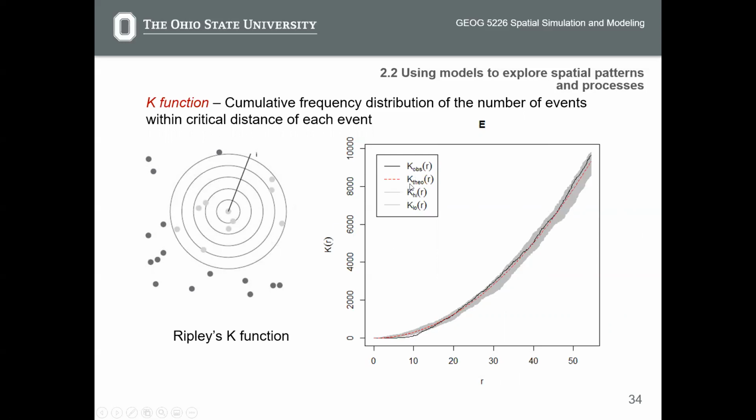And K_theo, which is the red dashed line, that's the theoretical increase of K(R), which is the number of cases or number of events as the R increases. So the black line is the observed phenomenon, and the red dashed line is the theoretical curve, okay? This shaded area is pretty important to us.